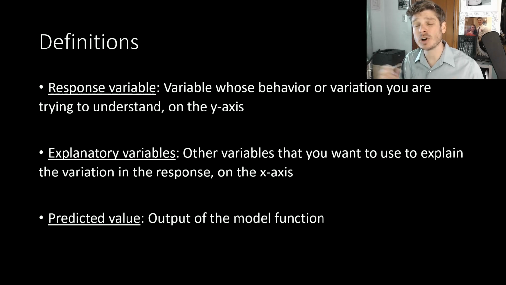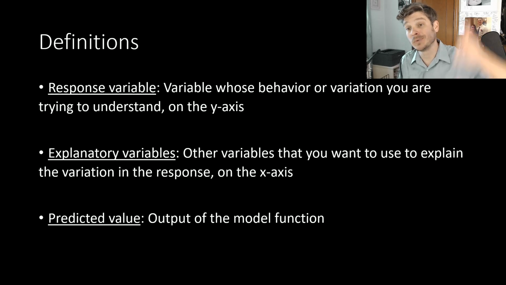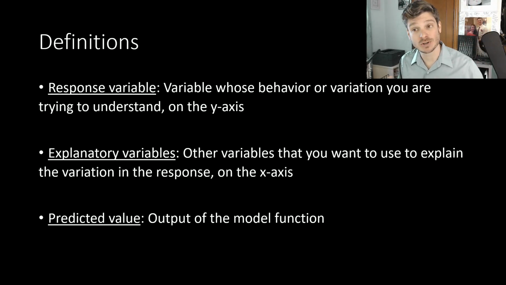We can't claim causation. We can just try to explain that there is some sort of relationship going on. But we can use some human intuition to point us in the right direction of explanatory and response. Just recognize that those are the two terms we're going to use to describe what typically goes along the y-axis, our response, as opposed to our x-axis, our explanatory.